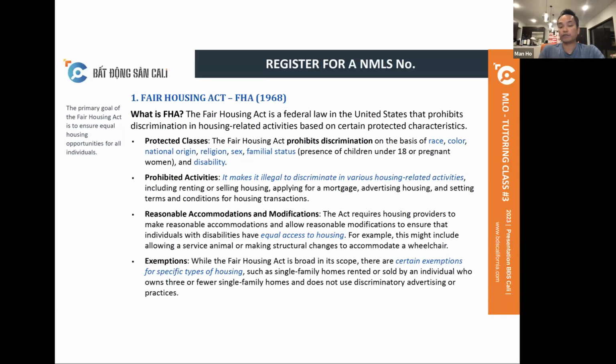An acronym is the shortened version of the name. For example, the acronym for Fair Housing Act is FHA. You also need to know when the act was introduced. For FHA, it's 1968.